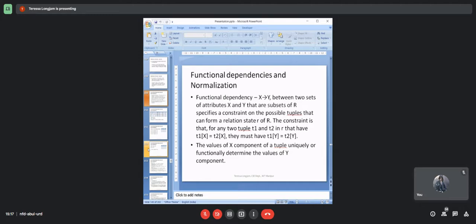Now I will come to functional dependencies and normalization.